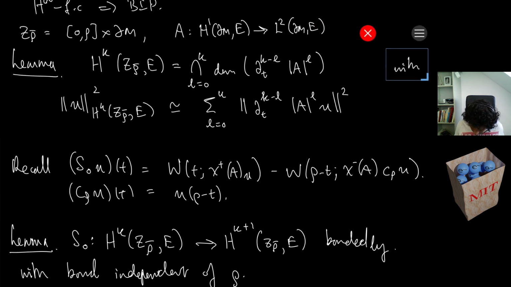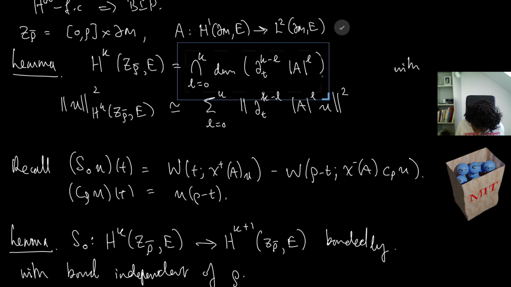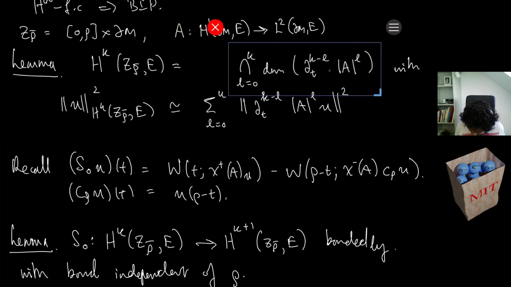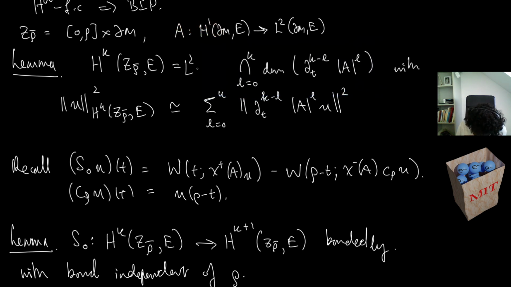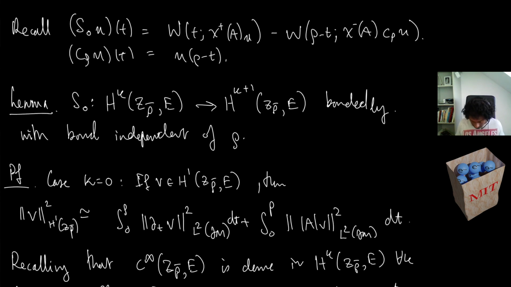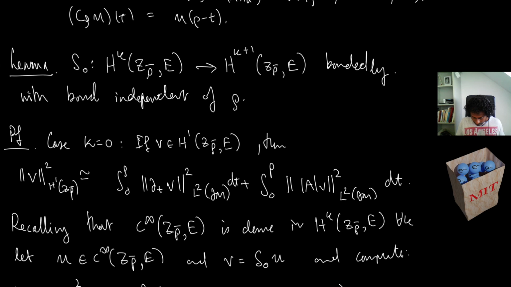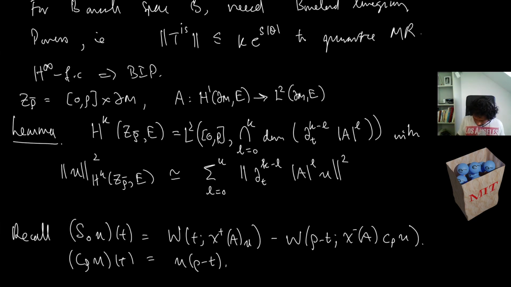So this should really be L2 sections on the cylinder Z rho, mapping us into this Banach space, which is the domain of all of these things. Okay, that's the first thing. Well, this is the HK space. Yes, so it's really the L2 space mapping into there, right?